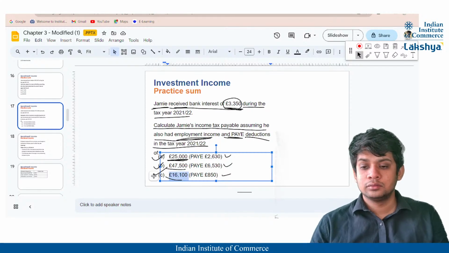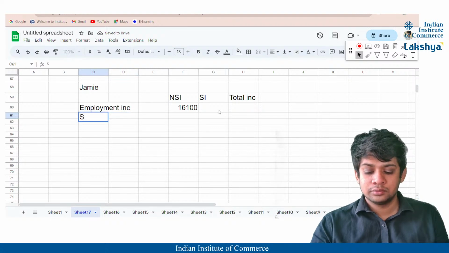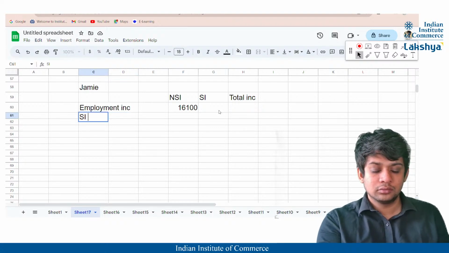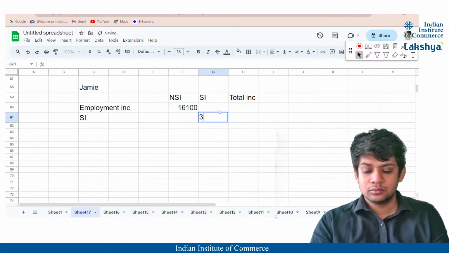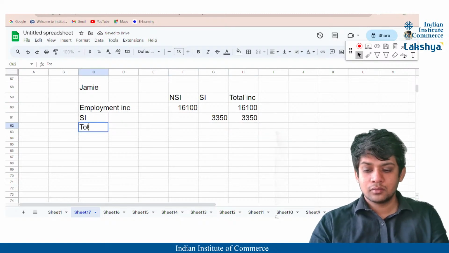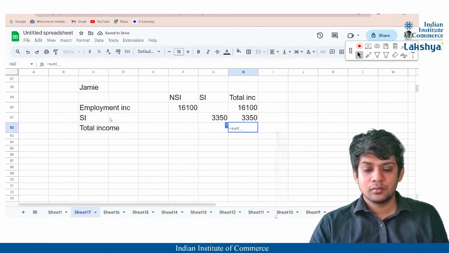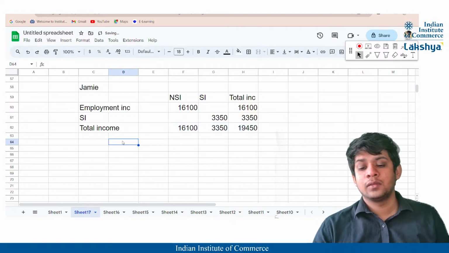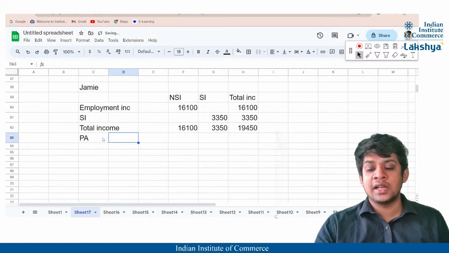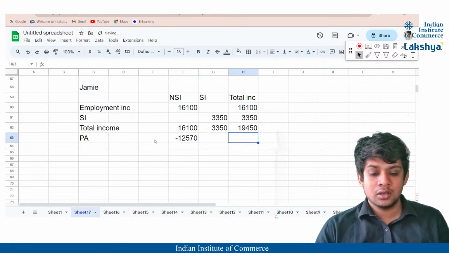And his savings income is the same, that is 3350. So his total income will become 19,450, correct? Now from this, the first thing that will be deducted is the personal allowance of 12,570, and here also it will be deducted 12,570.